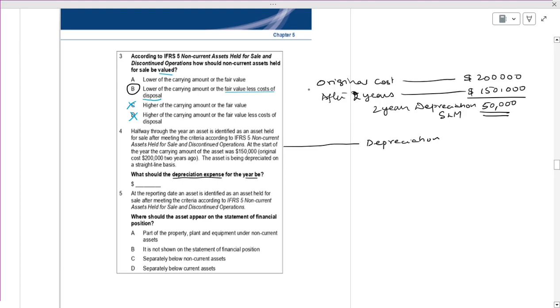Is it right? So the yearly depreciation will be how much? 50,000 divided by 2. Yearly depreciation is 25,000.